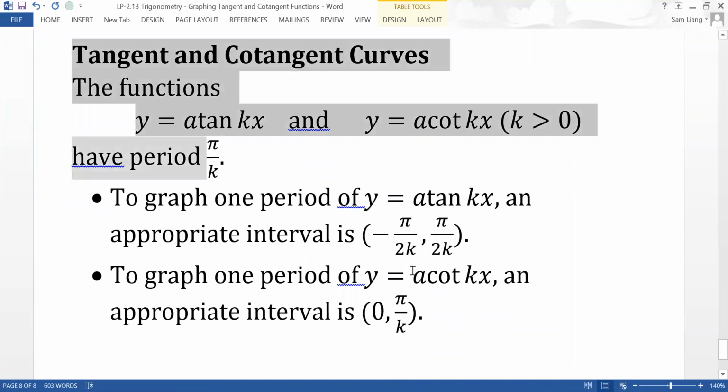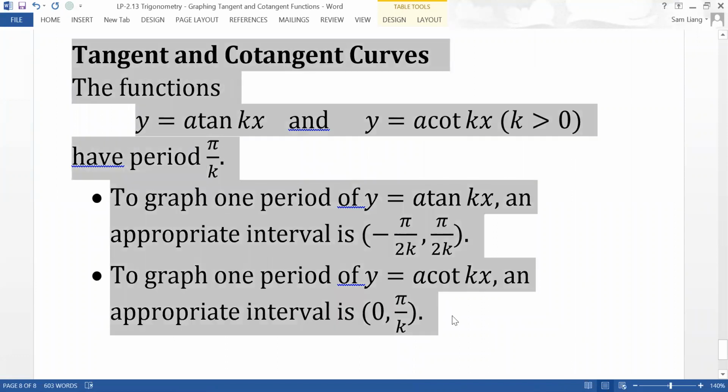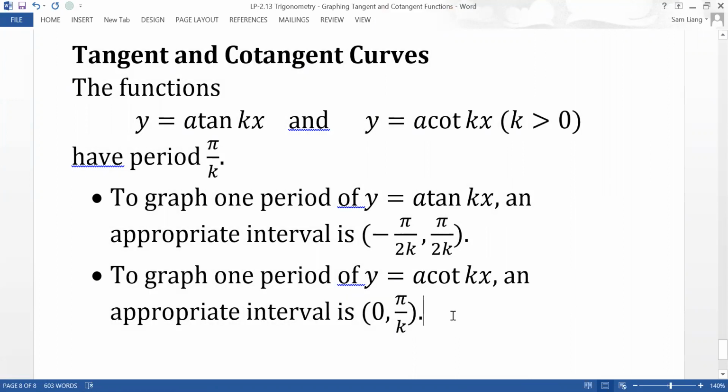Tangent and cotangent curves. The functions y equals a tan kx and y equals a cotangent kx, if k is greater than 0, have period pi over k.